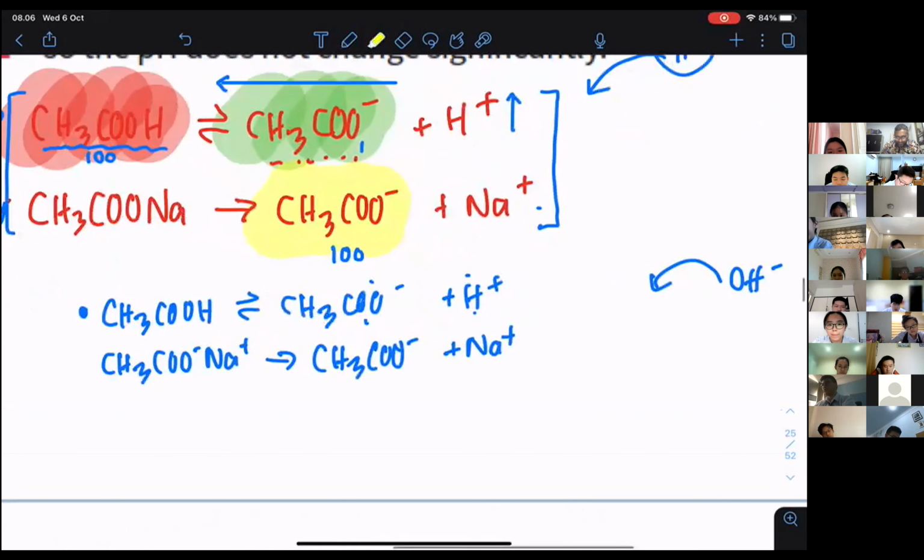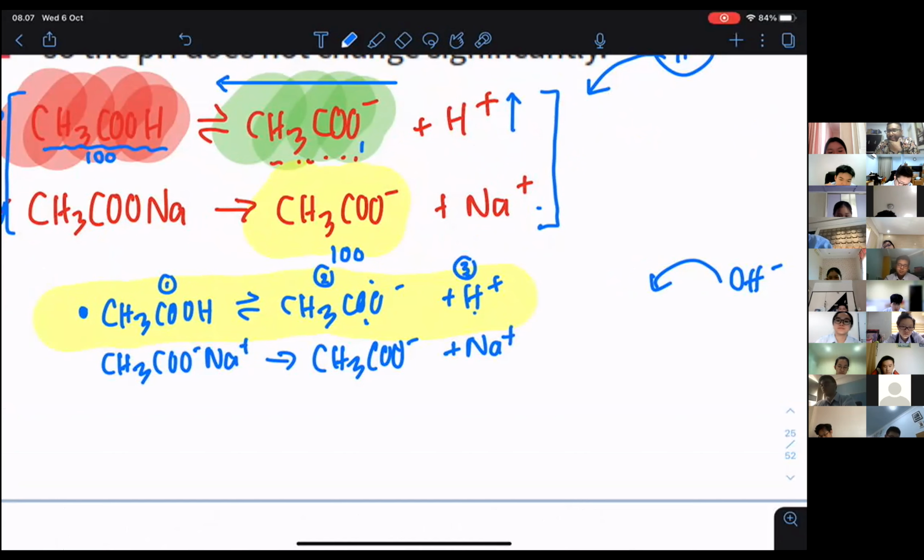When the OH minus comes in, I told you to focus on this equation, right? There are three things over here: 1, 2, and 3. Which one do you think will react with OH minus? The H plus, maybe? Yes.